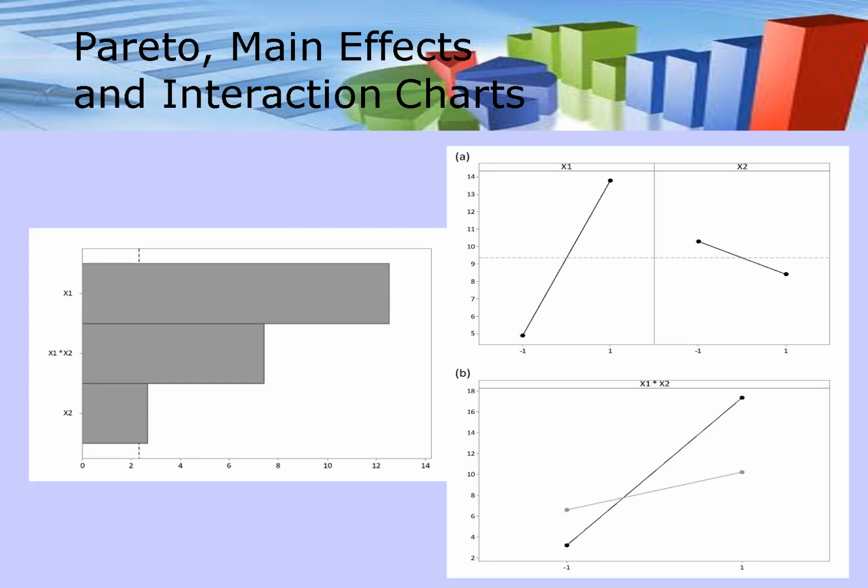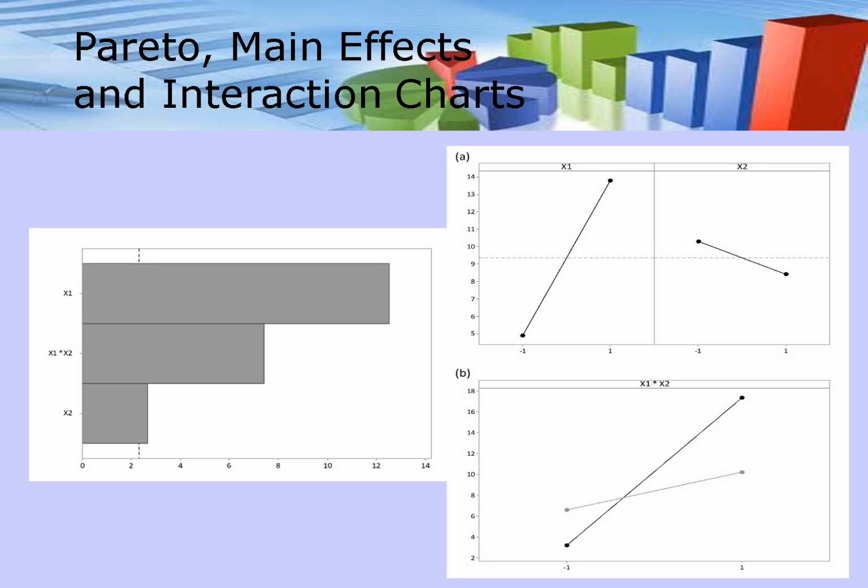As I said before, the main objective of screening design is to identify the factors which affect the response. This identification may be achieved using a Pareto chart. The size of Pareto bars is proportional to the effect of the factor on the response.